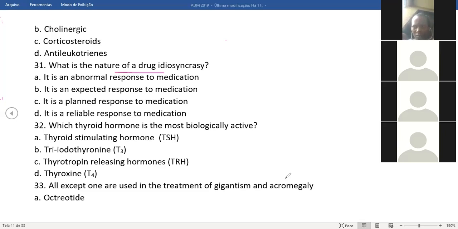I taught this one in the introduction to pharmacology that I taught you guys. Which thyroid hormone is the most biologically active? T3.